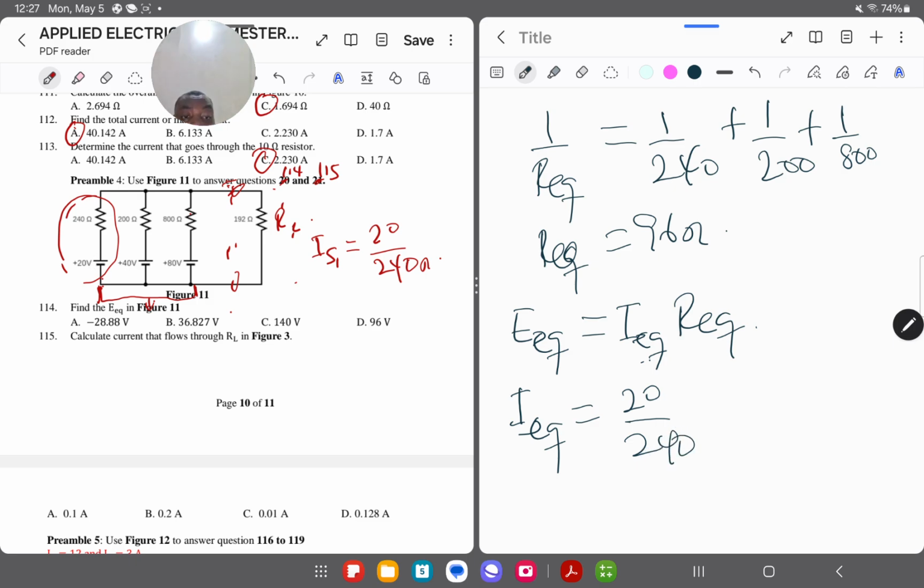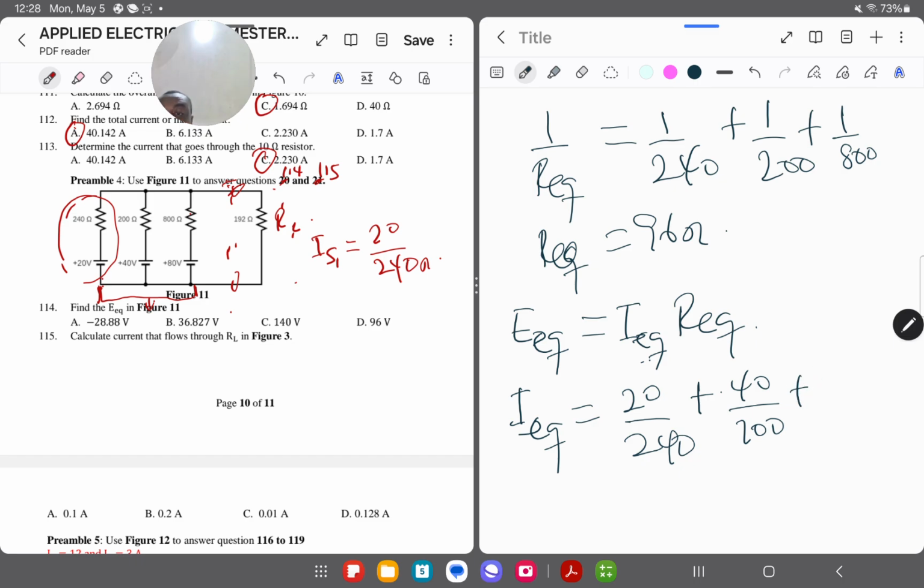Now going to the next branch, again, here you pay attention to the direction. So here is a positive, this one. So here is also going to be plus, because the direction of the current will be going up. So we get 40, meaning the voltage, over its resistance, which is 200.